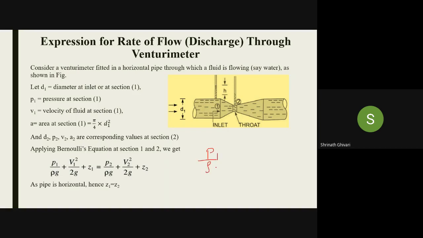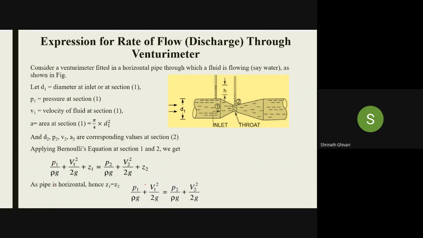P1 by rho g plus V1 square by 2g equal to P2 by rho g plus V2 square by 2g. This much will remain.